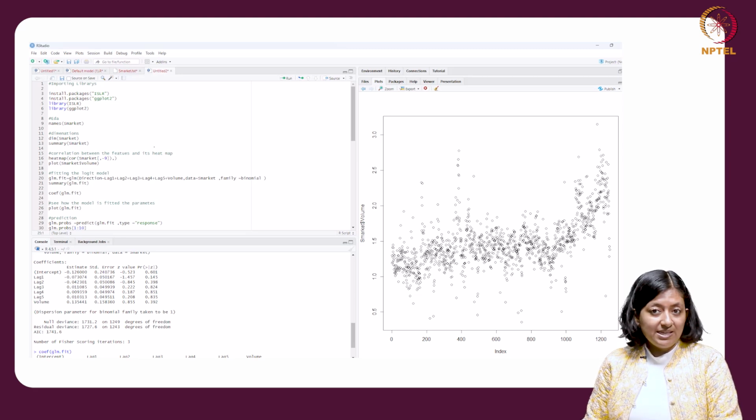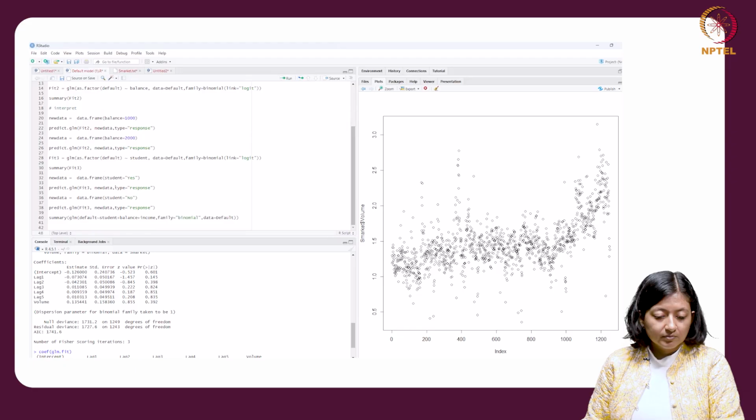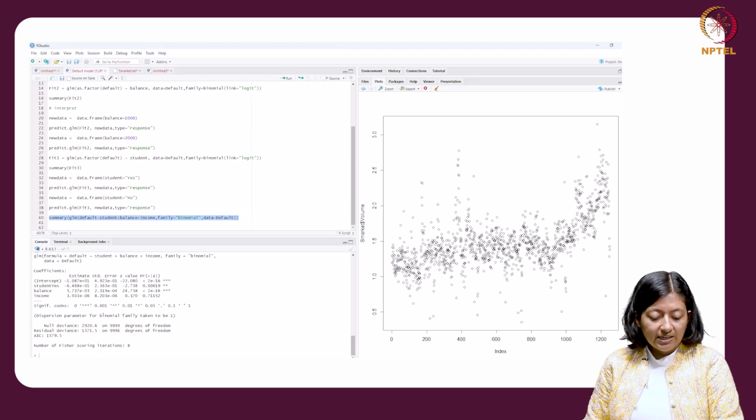Now we can do the same thing for the default dataset as well. So this was the final model for the default dataset that we used. And here the null deviance is 2920.6 and the residual deviance is 1571.